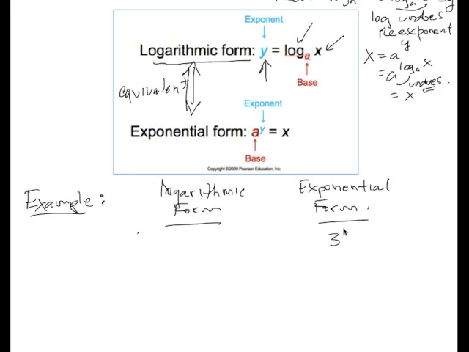Let's suppose I have 3 to the power of 4 equals 81. So what we have is this form here. So what does that mean? Well, let's identify some things here. So this is the base. This is the exponent. And this is our number.